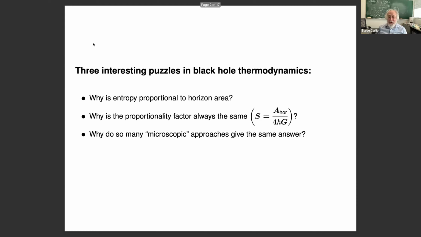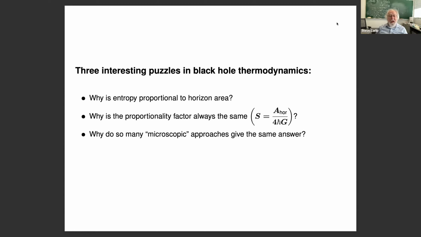I wish that I could, but I have nothing profound to say about that except that it's a mystery. So instead, I'm going to talk about three other puzzles involving black hole thermodynamics that are interlinked and that, again, I don't have an answer to, but I have some suggestions and some hints of a direction to go.